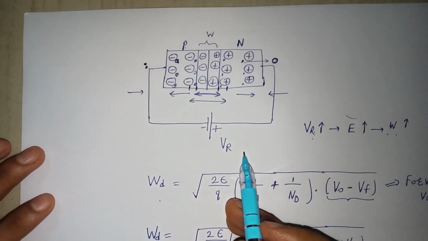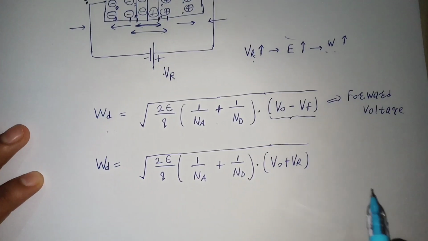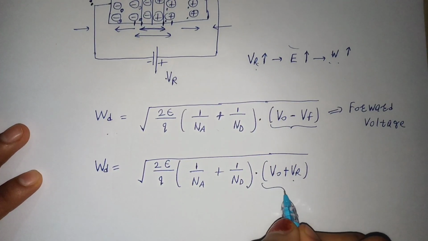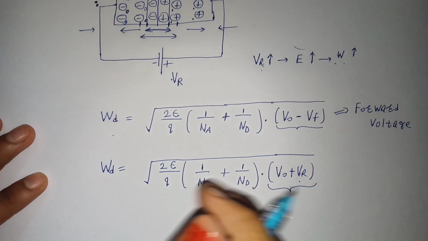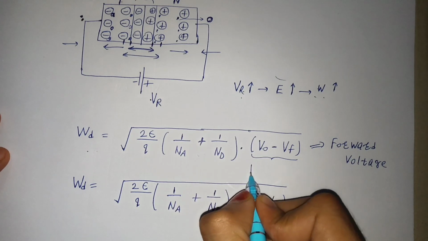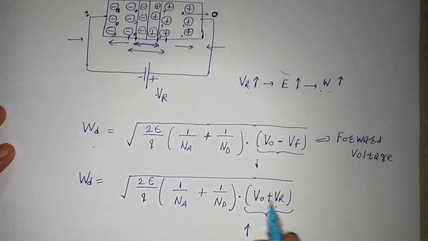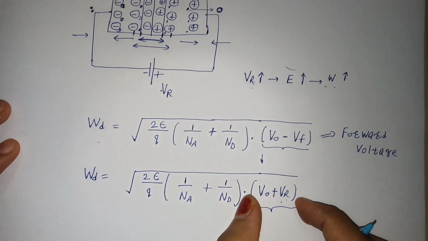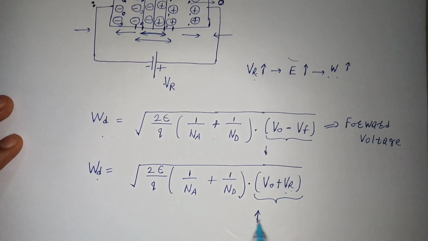Let's check. Here Vr increases, then what happens? If Vr increases, V0 plus Vr increases, indirectly Wd increases.